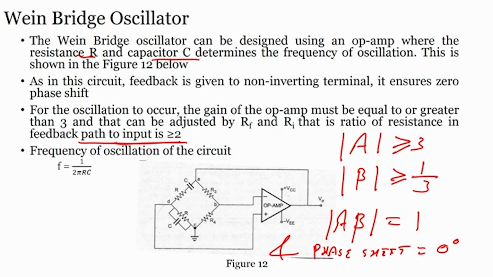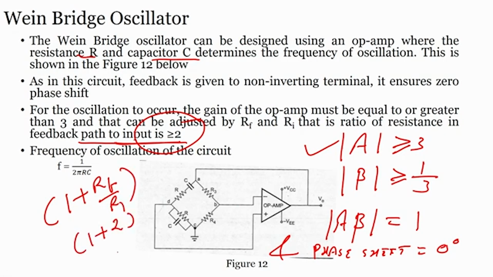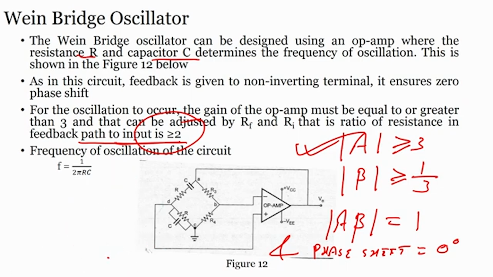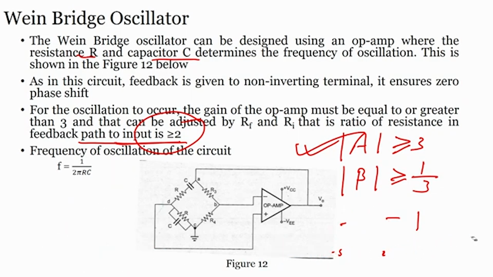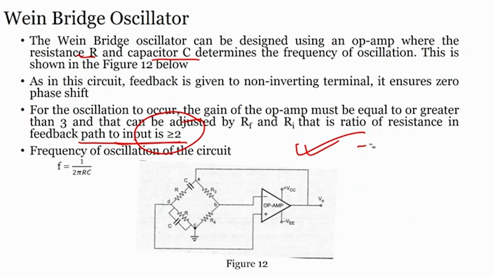And I can have this gain greater than or equal to 3 because it is a non inverting amplifier. So, the formula is 1 plus RF by RI. If RF by RI is equal to 2, this will be 3. So, my gain is equal to 3 and this is satisfied, alright. That is why we say that the ratio of the feedback resistor to the input resistor should be greater than or equal to 2.